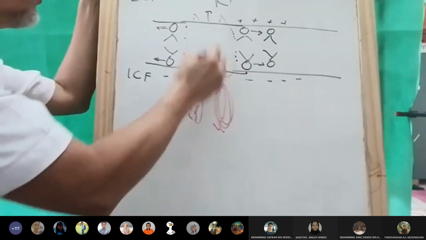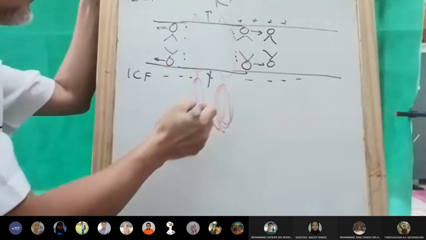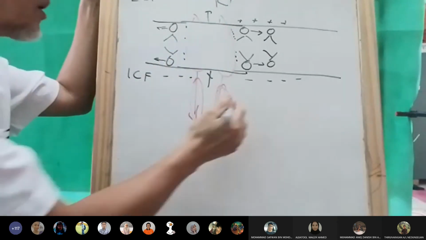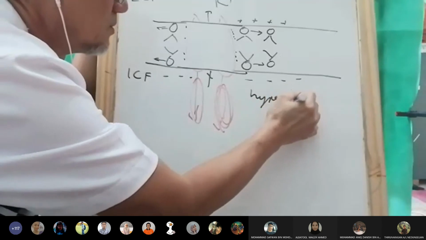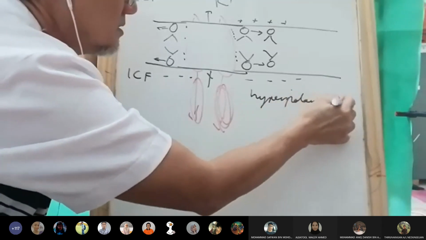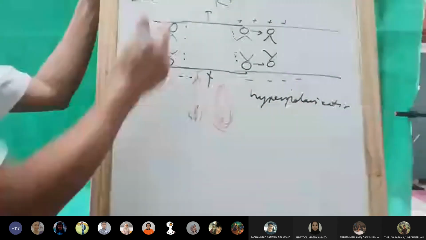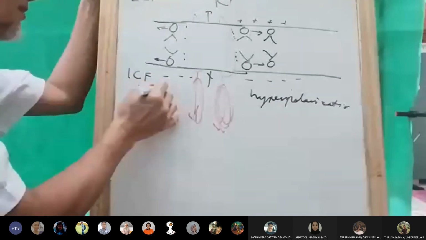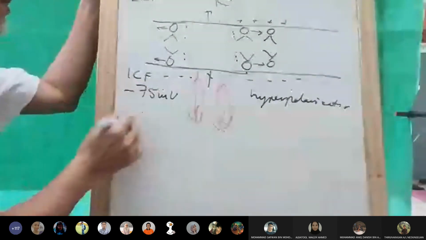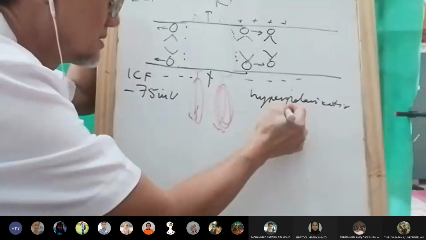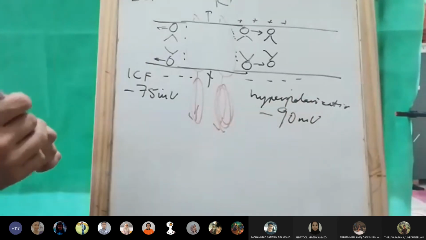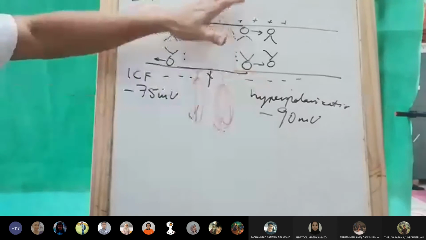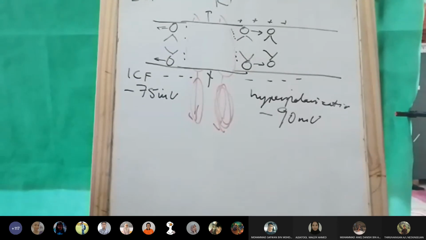There will be no potassium that can go out, and you will cause hyperpolarization of the cell. Let's say normally the membrane potential is about minus 70 millivolts. Now you hyperpolarize it, and it becomes, let's say, negative 90 millivolts. So now the cell becomes difficult to depolarize.